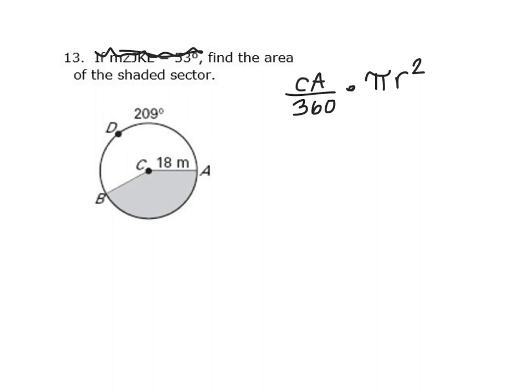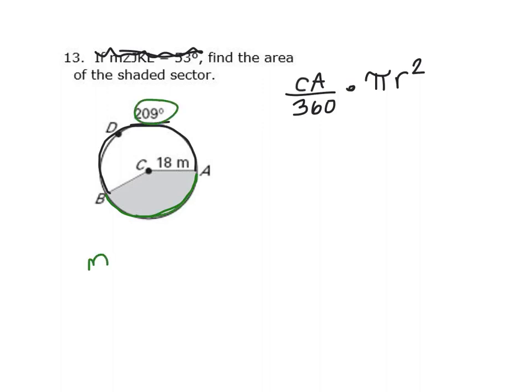Here we know BDA is 209 degrees. This is how it's going to be on your test. You're going to get the angle of the arc from the non-shaded part. So you're going to need to remember to get the sector, subtract from 360.